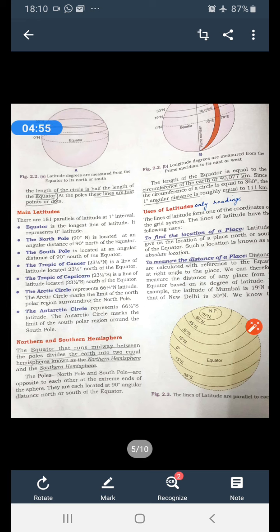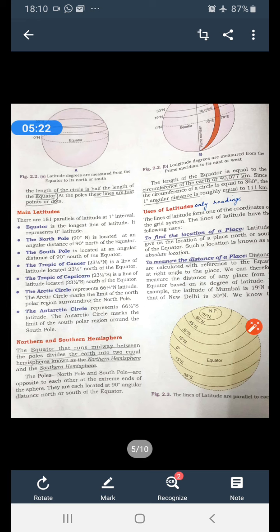Then they've mentioned here the northern and southern hemisphere. Now the equator is the line which is 0 degrees, and it is drawn at the center of the earth or the center of the globe. This equator runs midway between the two poles and divides the earth into two equal hemispheres, the northern hemisphere and the southern hemisphere.